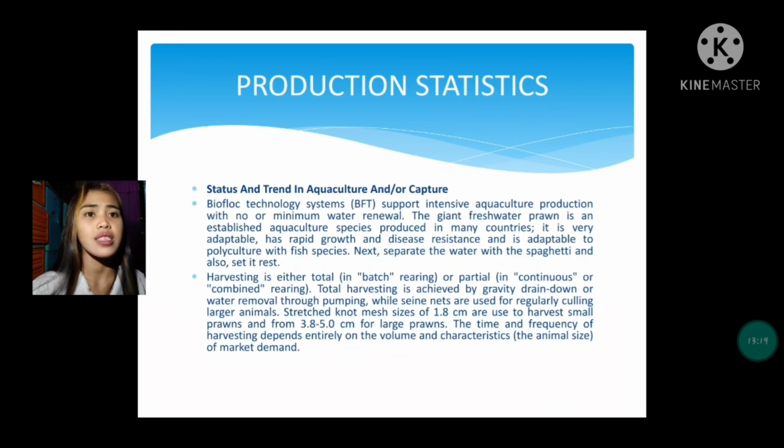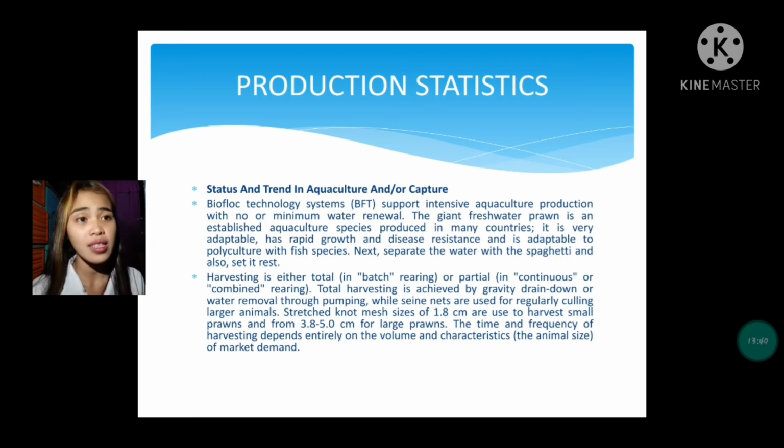The next is the status and trend in aquaculture and fisheries capture. With the help of BFT, it supports intensive aquaculture production with no or minimum water renewal. The giant freshwater prawn is an established aquaculture species produced in many countries.